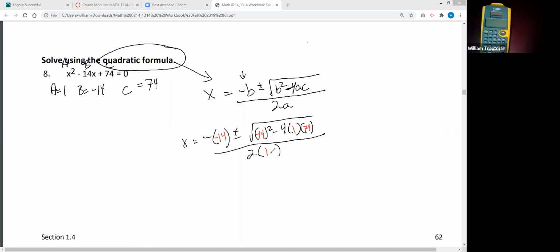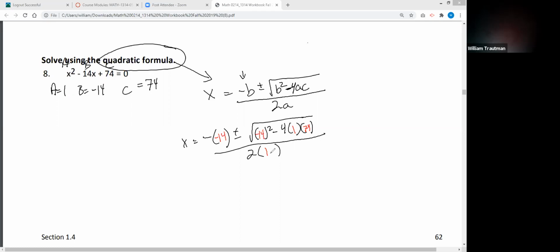All right. Let's see if we can put this into our calculator exactly as we see it. Oh my, with the negatives and parentheses and everything. Start off with a fraction. Let's see if you can do it. Negative, parentheses, -14. So they're both negatives. And don't put plus or minus, just use the plus.